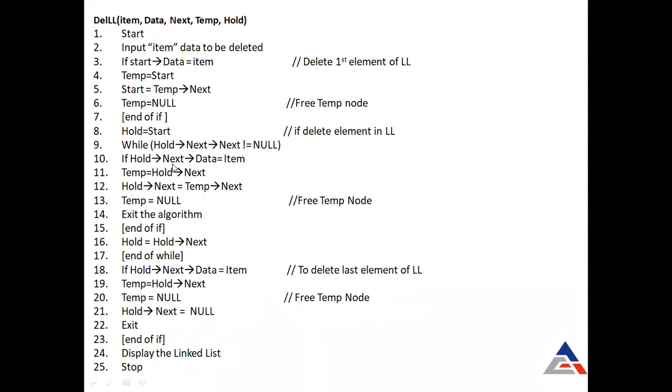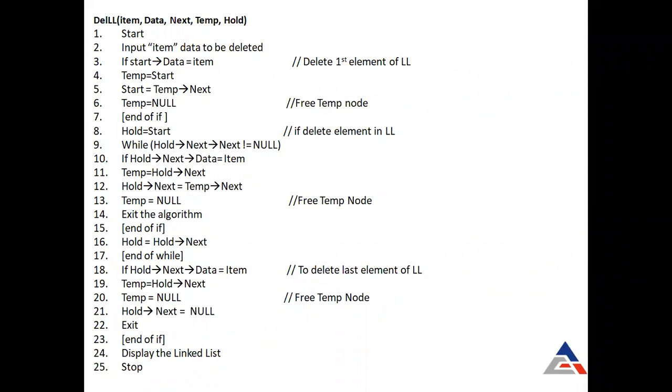If hold of next of data is equal to item, so hold is a particular location, next means the next element, and the next element's data. We are checking the next element. The first element is start, fine. This is not the first element, so hold of next becomes the second element. So is the second element's data equal to item, that particular value that I have asked to delete from the linked list?